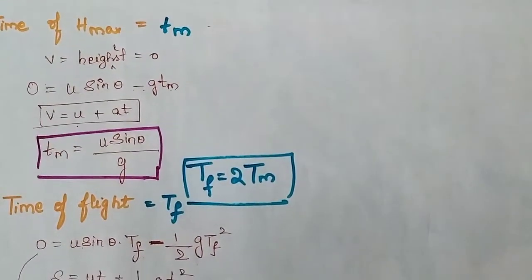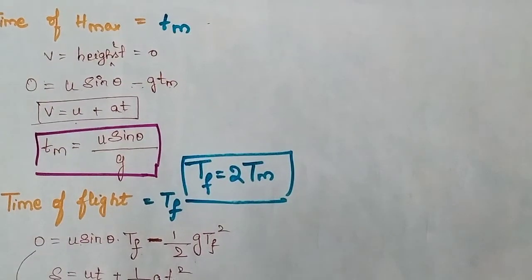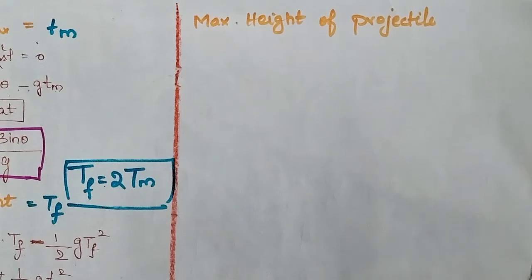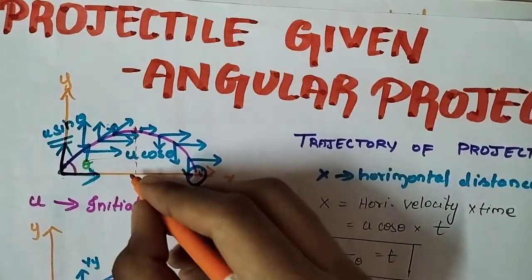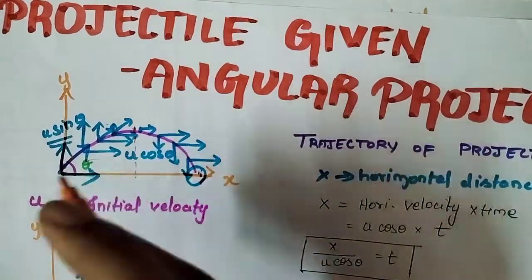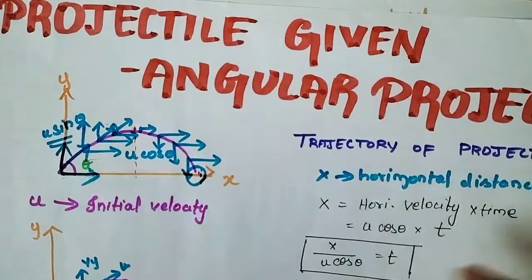Now let's move on to the maximum height of the projectile. It is the maximum vertical distance attained by the projectile above the horizontal plane of projection. This maximum height we are finding.